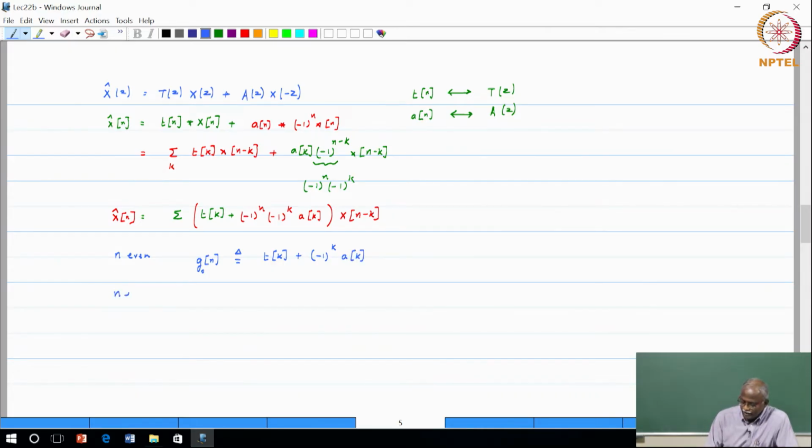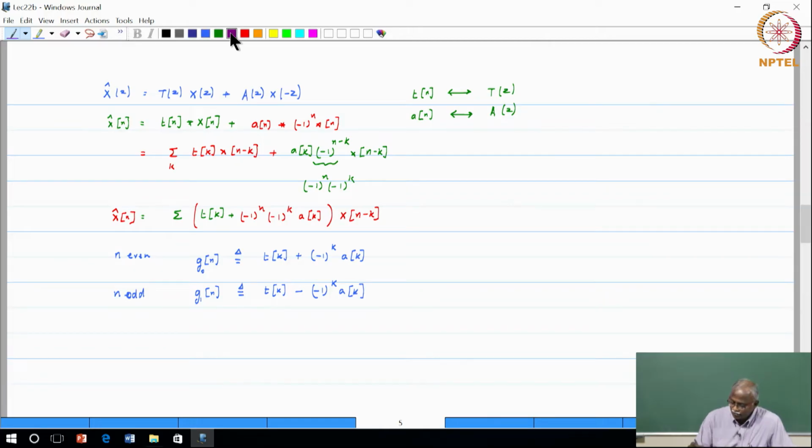Similarly, for n odd, we will get another sequence g1 of n, which is summation t of k minus minus 1 power k a of k. So if n is even or n is odd, we get different sequences.